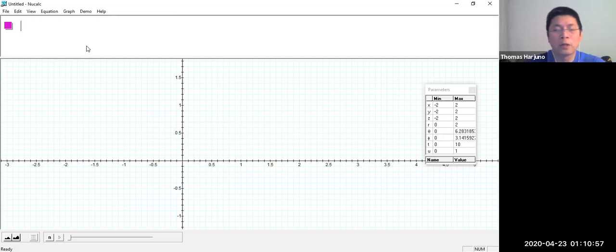We have earlier r equals to 8 sine theta.